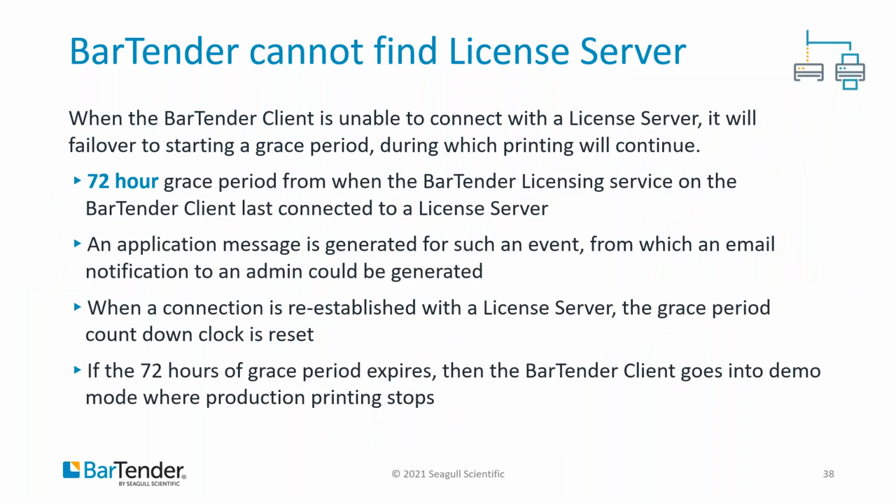So what are those grace periods? Well, the 72-hour grace period, as mentioned, is for when a BarTender client cannot find or cannot connect to the license server. So when it's unable to do that to either the primary license server or any redundant license server, the BarTender client will go into a grace period, and that grace period is for 72 hours.